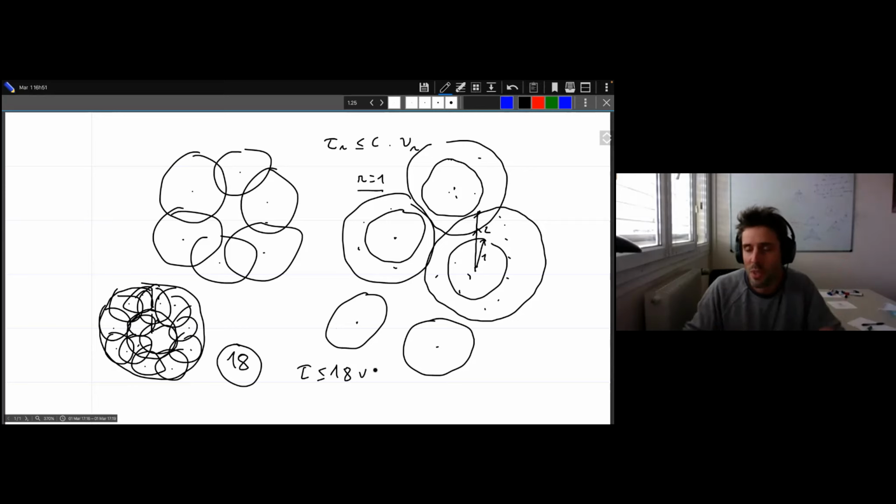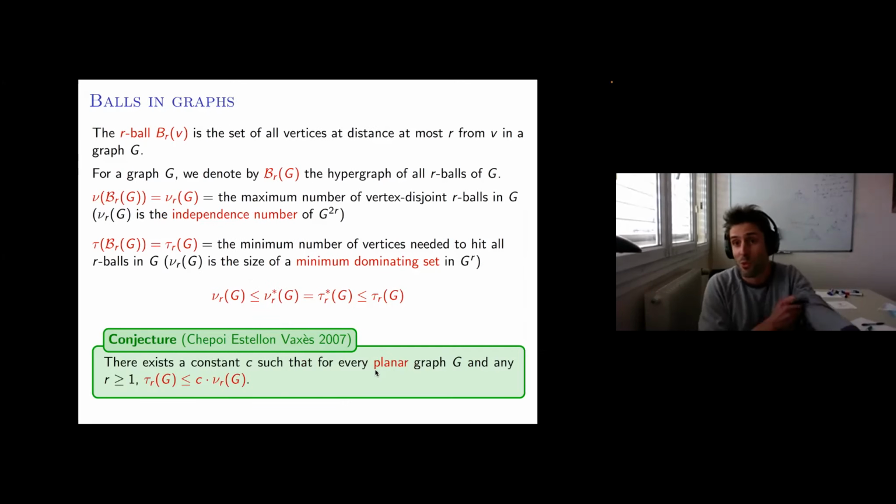The only thing that you have been using is that you can cover a ball of radius 2 with a constant number of regions of diameter at most 1. You can recheck that, maybe it's 18 or 19 or 20, but some constant. Okay. So in the plane, it's true, and things don't depend on R. So maybe if we're happy, the same should be true in any planar graph.